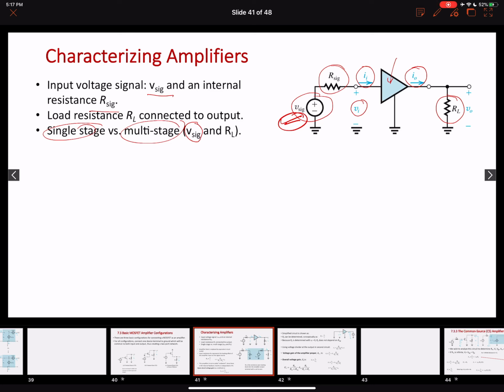However, for the second stage, it will be the Thevenin output voltage of the preceding stage. Similarly, in terms of the load resistance, if we have a cascaded amplifier, then the load resistance of the last stage is the actual load resistance. However, the load resistance of the previous stages will be the input resistance of the succeeding stage. So this is what we need to consider when we are developing these cascaded amplifiers or multi-stage amplifiers.